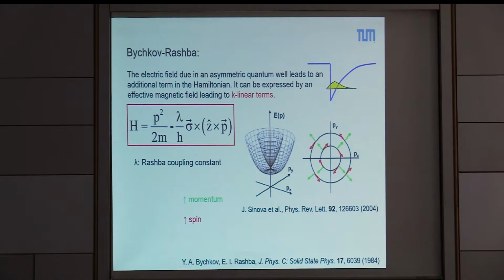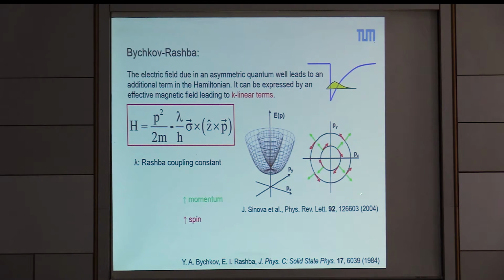And because Jairo is one of the organizers, I also put this figure from his paper here. So here you can see an example. These are these spin-split shifted bands in such a Rashba system. And you can see, if you look, that spin is always shown here in red and momentum is shown in green, that electrons moving in a particular direction in the semiconductor have the spin locked to a certain direction.